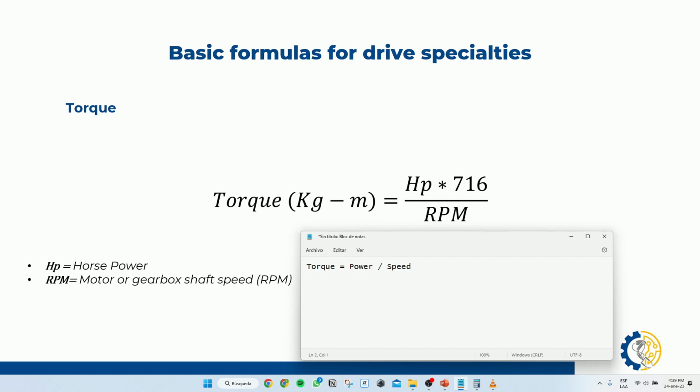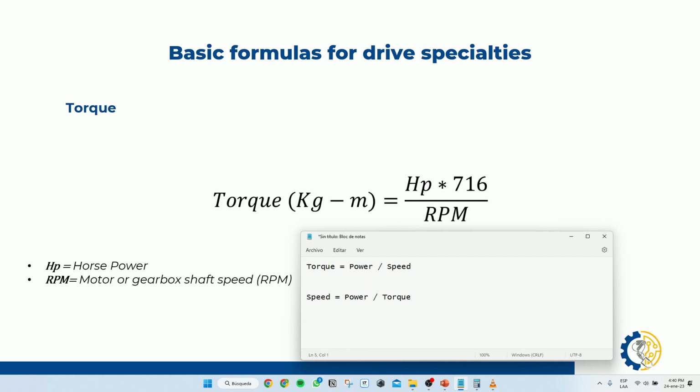Now, which variable would I need to change if I now need velocity? Well, this would only be potency over torque. Do you agree? All right, let's run a quick exercise and let's simulate some variables, okay?